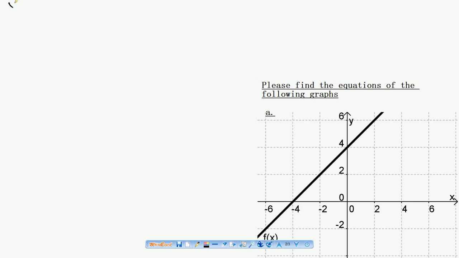Also, you have to know in a straight line y equals mx plus c, the gradient can be positive or negative. I do an example when we have a negative gradient. For example, y equals minus 2x plus 1.